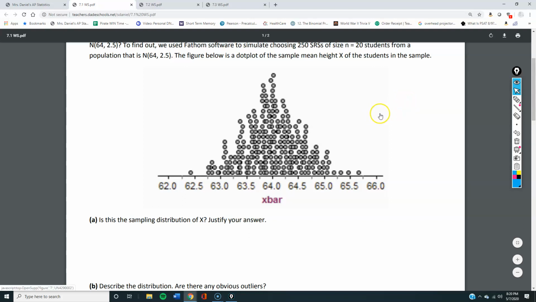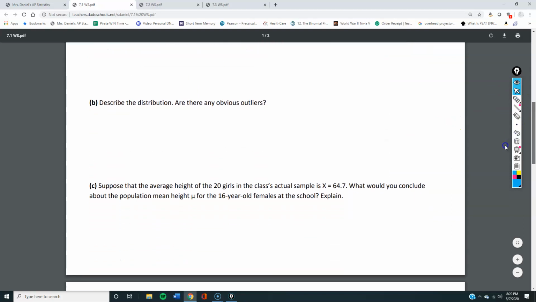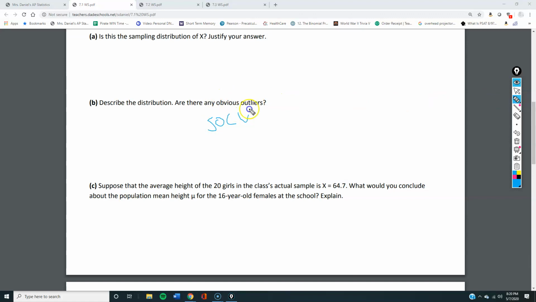C, center. The center is at 64, mean 64. And variability, the range is from 62.4 to 65.7. So whenever you're describing just a distribution, you're using SOCV: shape, outliers, center, variability.